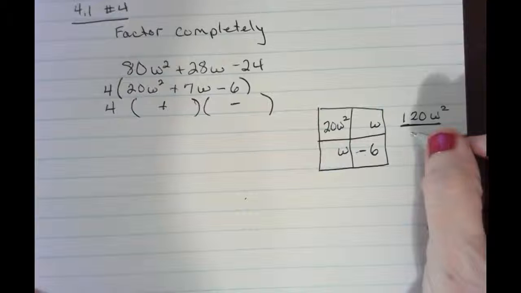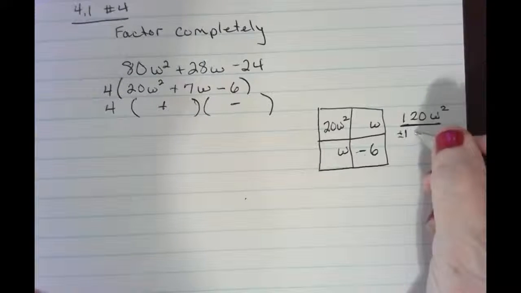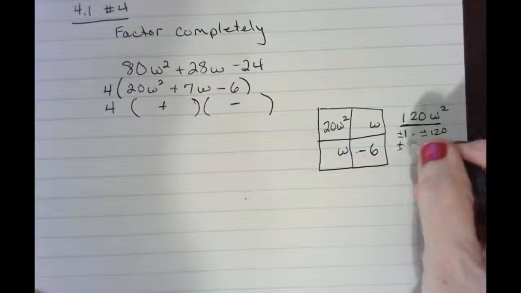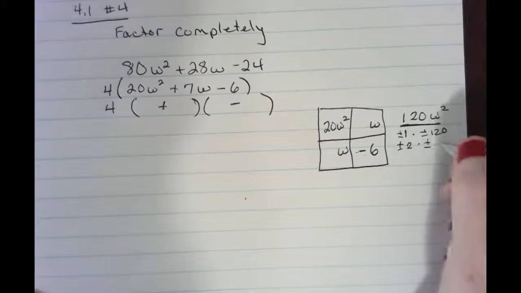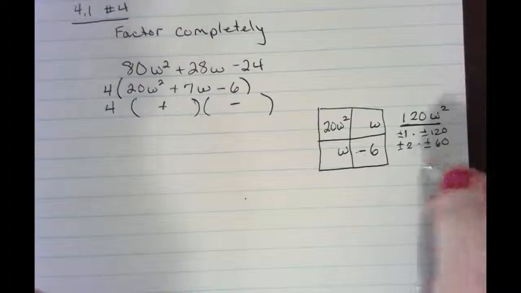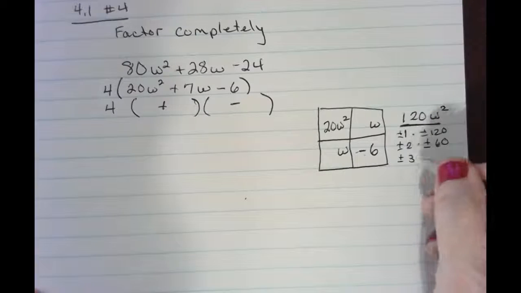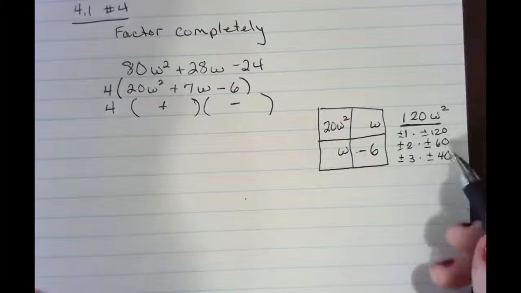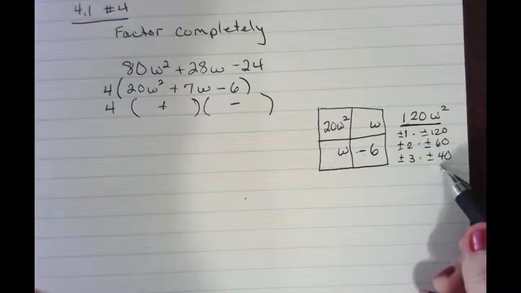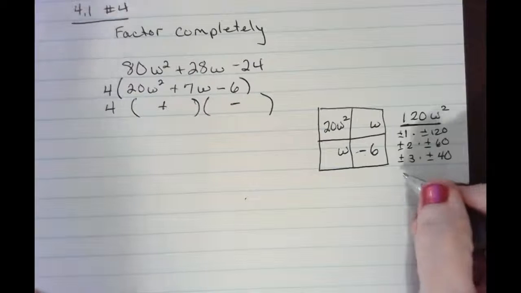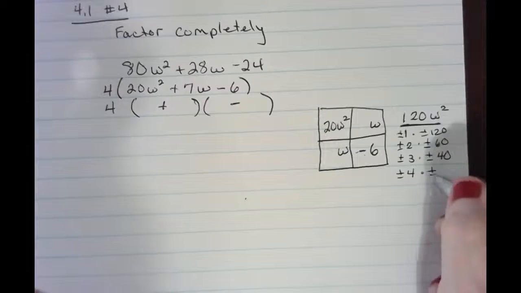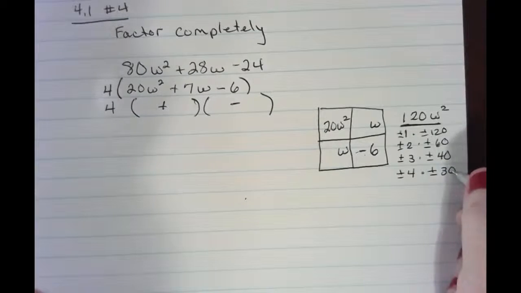So I'm looking at, and we could do plus or minus 1 times plus or minus 120, plus or minus 2 times plus or minus 60, plus or minus 3 times plus or minus 40. Okay. Now none of these will add or subtract to give me 7 yet, so we can keep going. Plus or minus 4 times plus or minus 30. That gives me 120.